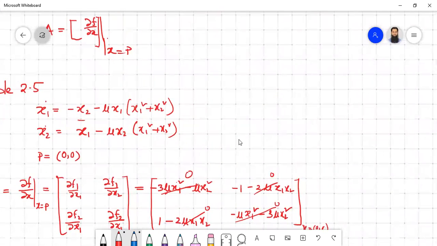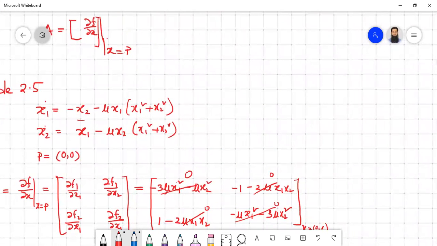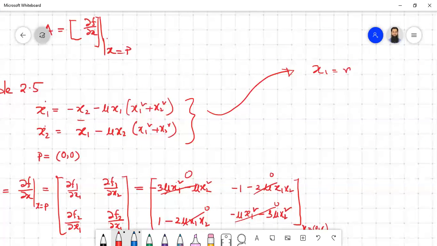So from the same equation, the way to figure out what is actually happening is to convert this into the polar form. So basically we are assuming that x1 equal to r cos theta and x2 equal to r sin theta. Basically r square equal to x1 square plus x2 square.